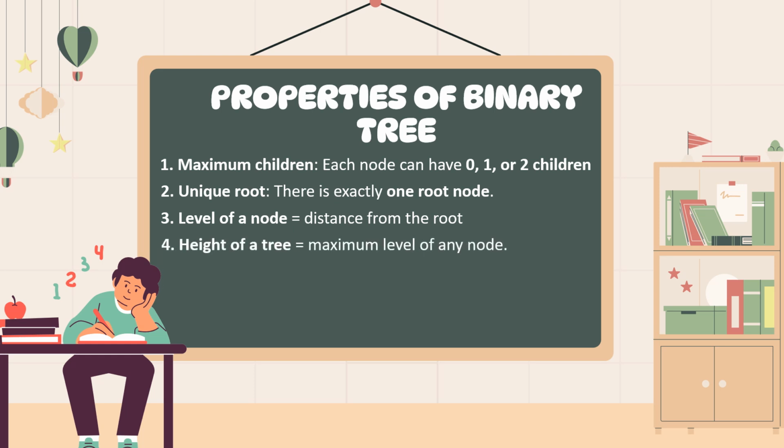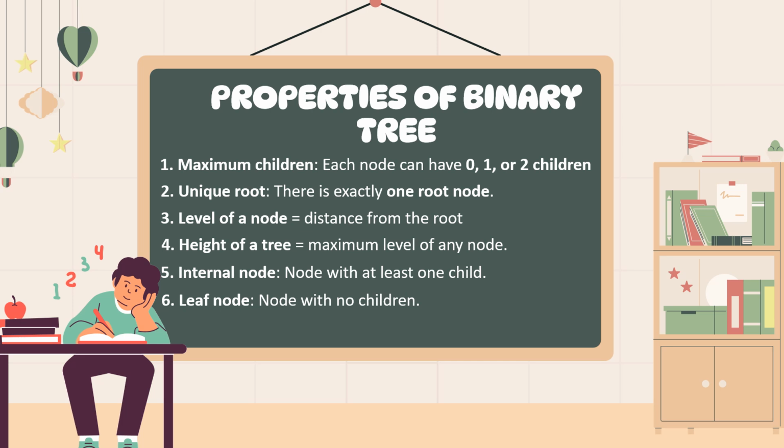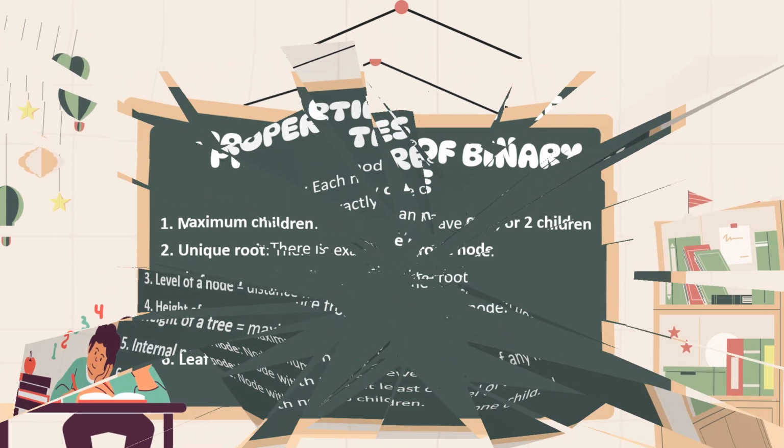Then height of a tree: the maximum level of any node in the tree. Internal node: a node with at least one child. Leaf node: a node with no children. In other words, these properties define the overall shape and structure of a binary tree, telling us how nodes are arranged and how we measure their positions.